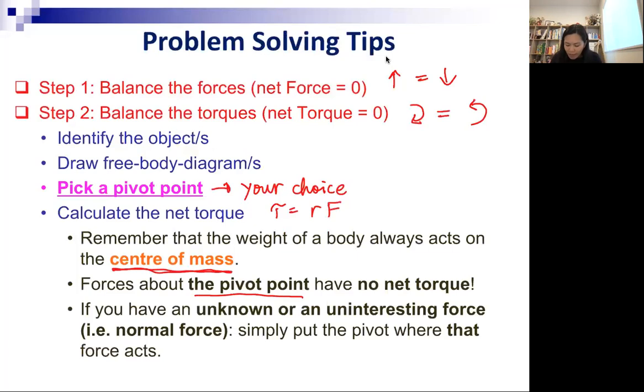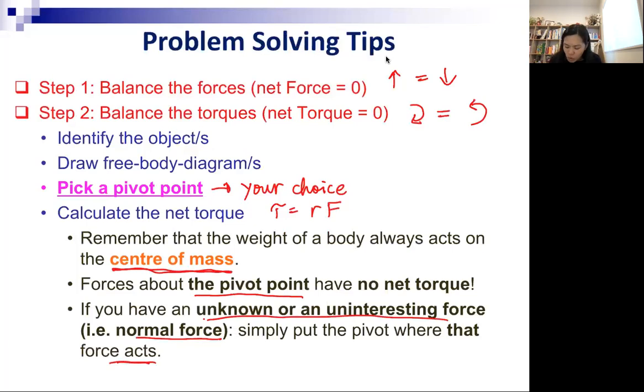That's why, if you have unknown or uninteresting forces like the normal force, you put the pivot point where those forces act, so that you don't have to worry about the torques generated by them, because the torque is equal to 0 when the force is acting at the pivot point.